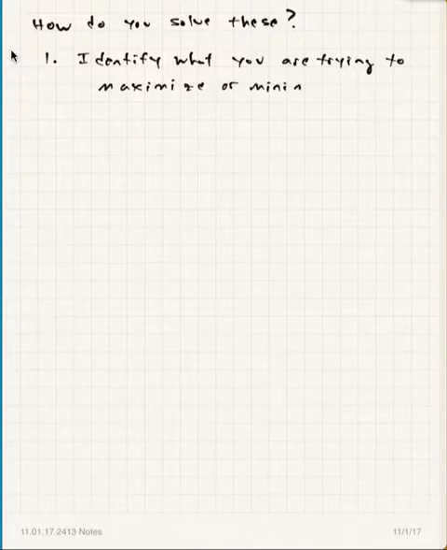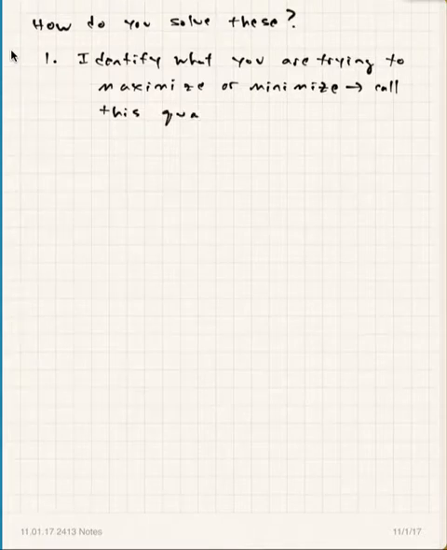Read through the problem and identify that quantity. For the sake of these directions, we're going to call this quantity Q, or P rather. Call this quantity P.